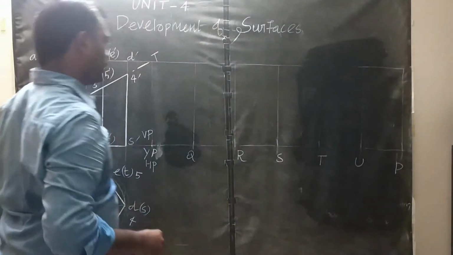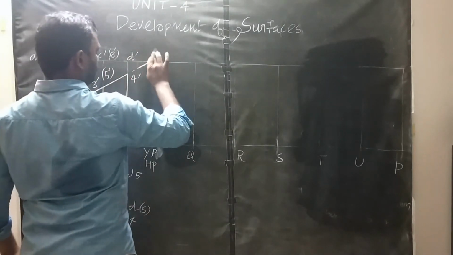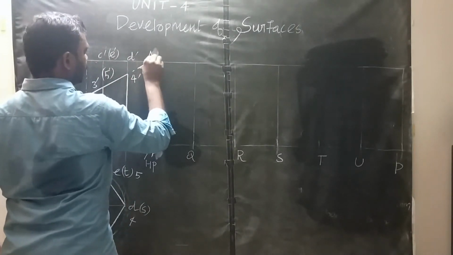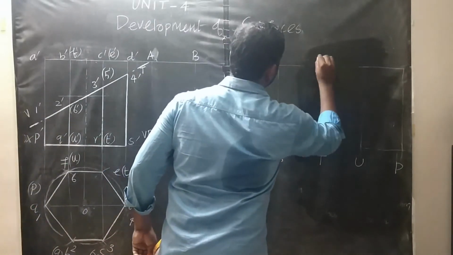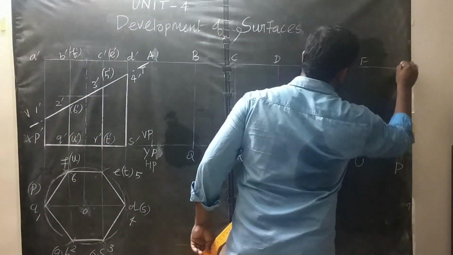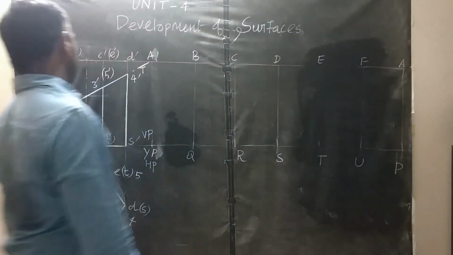Then the top end is A, B, C, D, E, F, again A. Okay, see here.